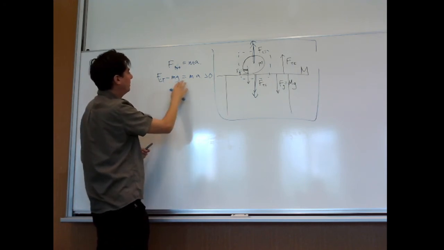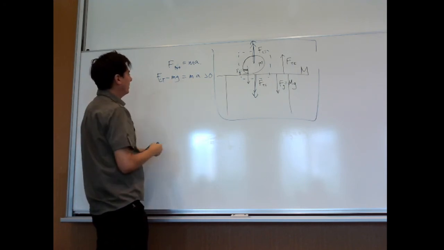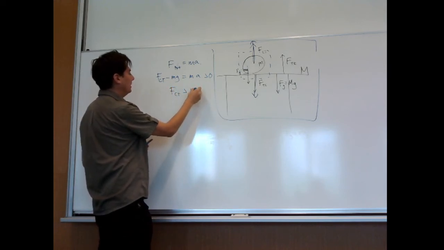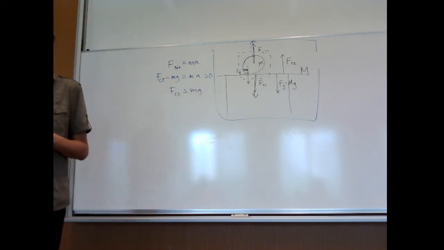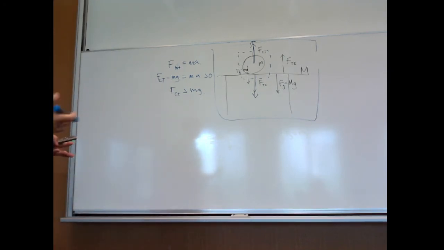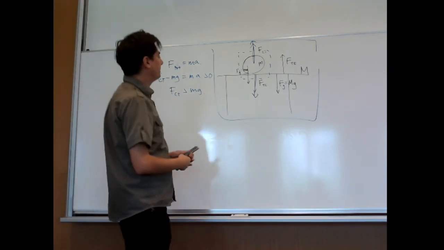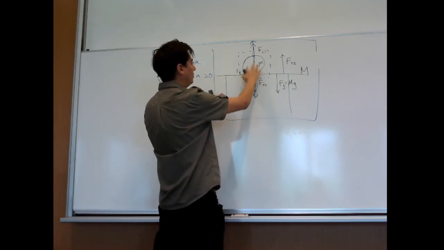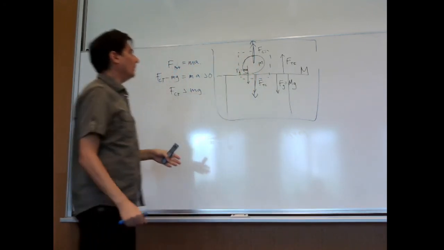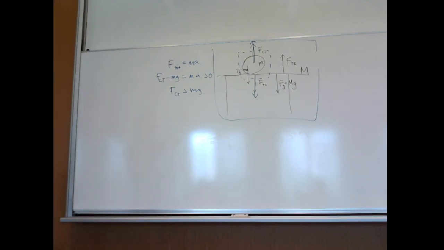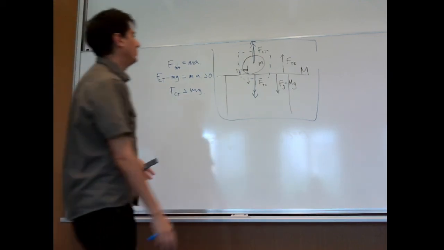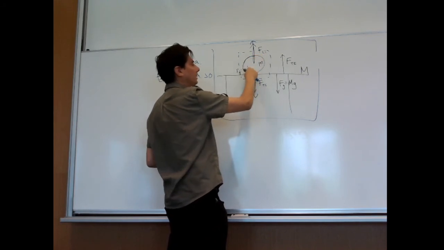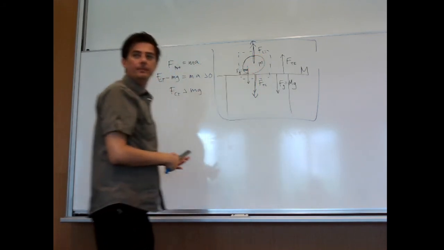And if that's bigger than 0, then we can deduce that FCT is greater than mg. It's a slightly mathematical way of saying it, but basically it comes down to the fact that there are two forces here. In order for it to accelerate upwards, there has to be a total force upwards, and so this blue one has to be slightly bigger than the black one.